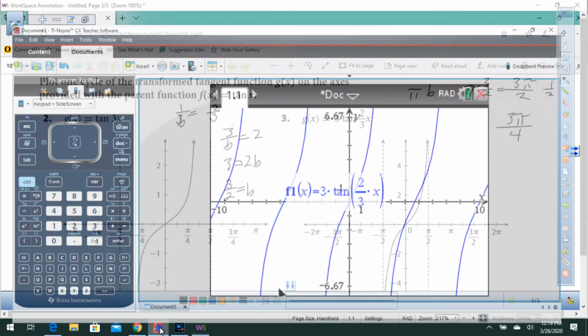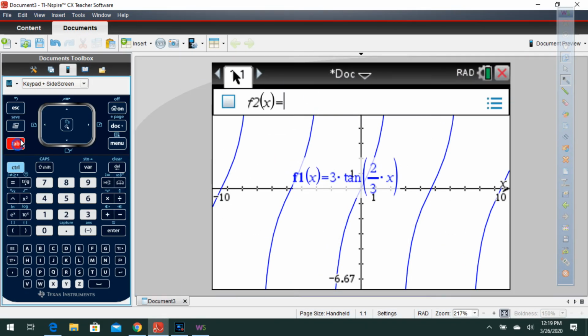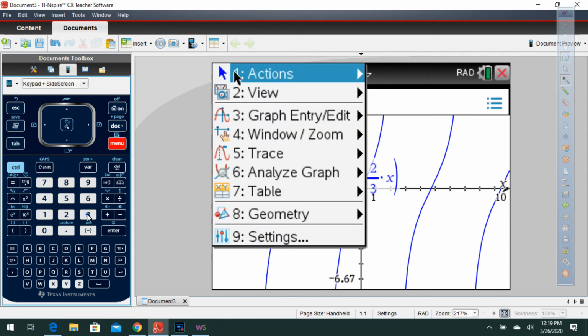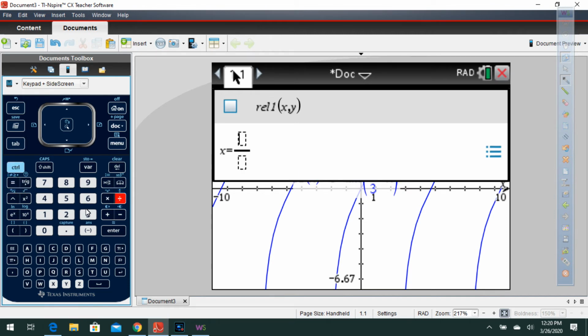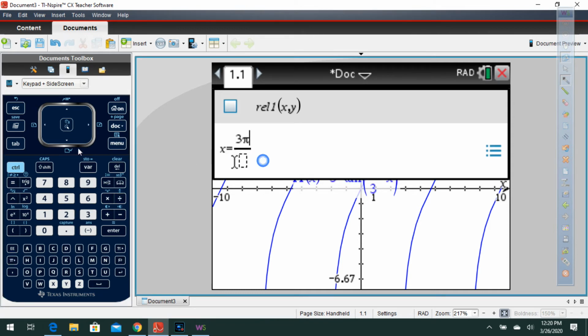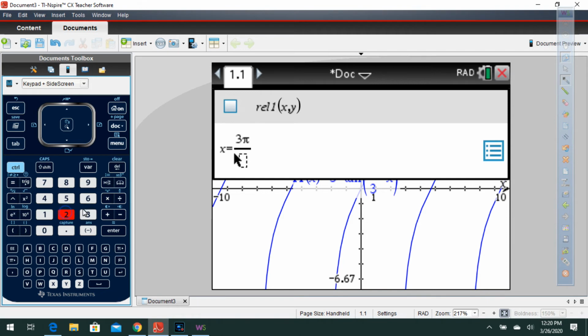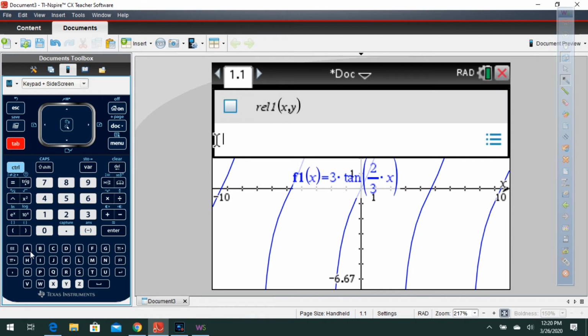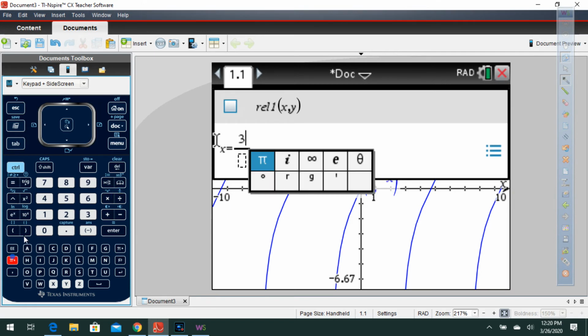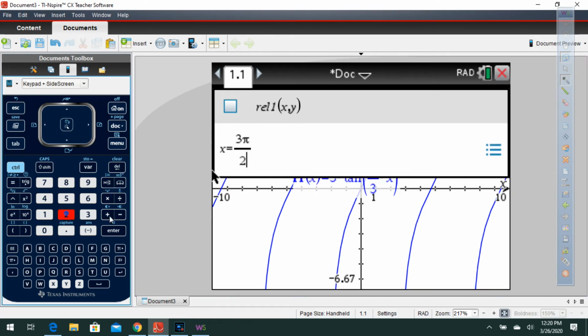Okay, so let's go back. And we're going to press tab. And menu 3, 2, and we got x equals, control, divide, 3 pi over 2. X equals 3 pi over 2.